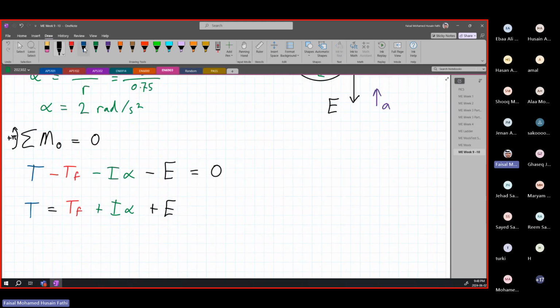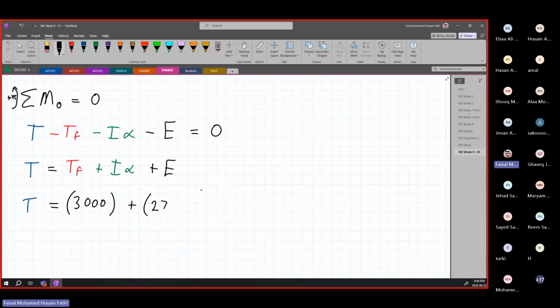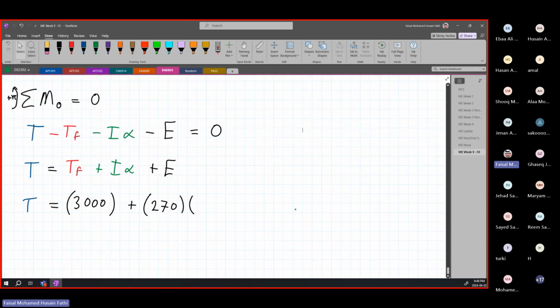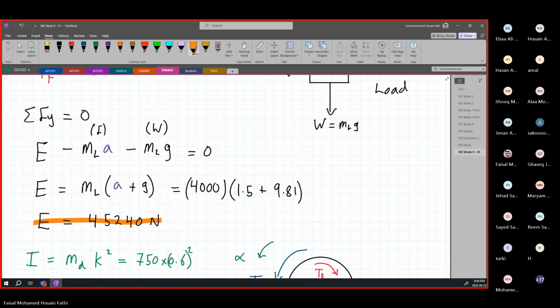So the torque is going to be equal to 3000 Newton meters plus I, which we have found earlier, 270 kilogram meters squared, times alpha, 2 radians per second squared, plus E, which we have found earlier as well.